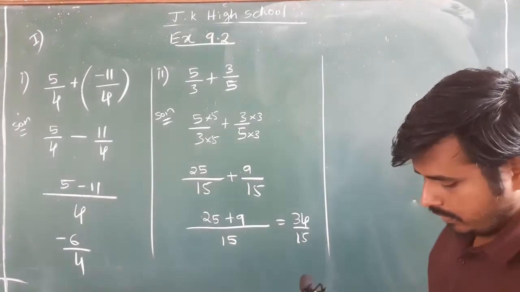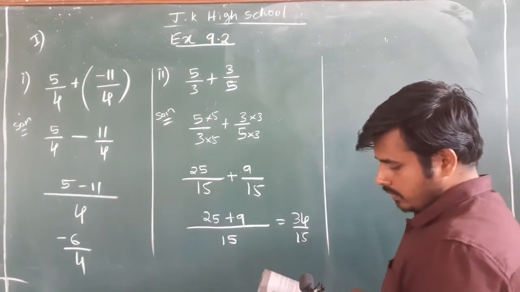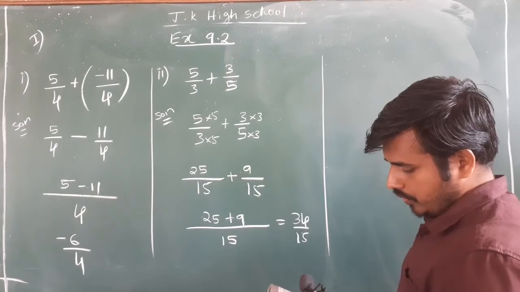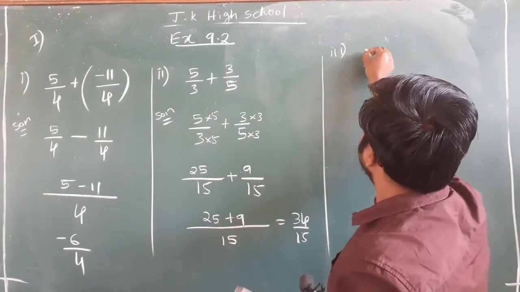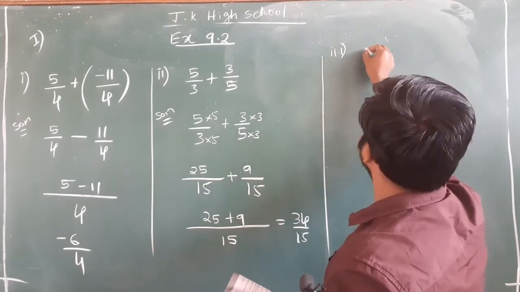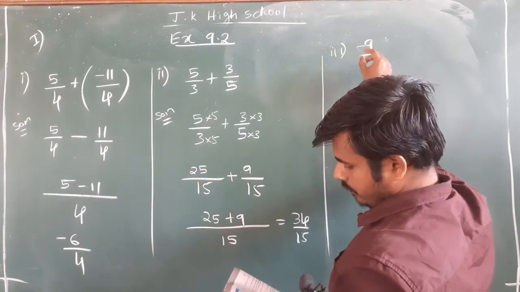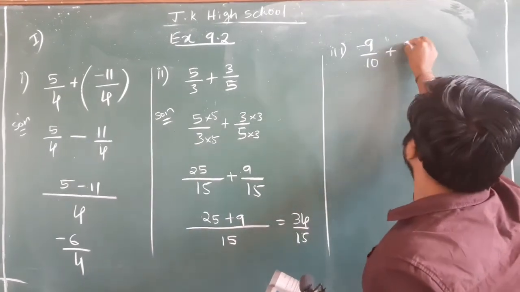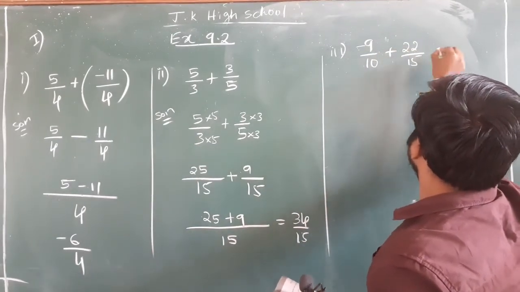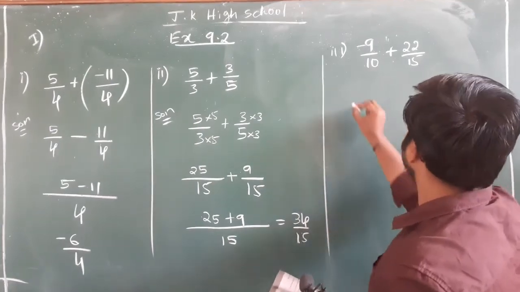Let's take the third question. Minus 9 by 10 plus 22 by 15.